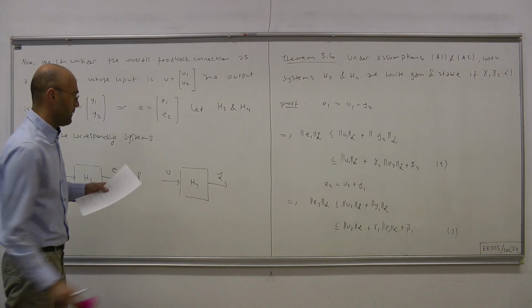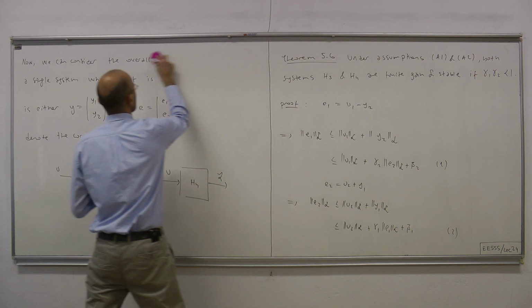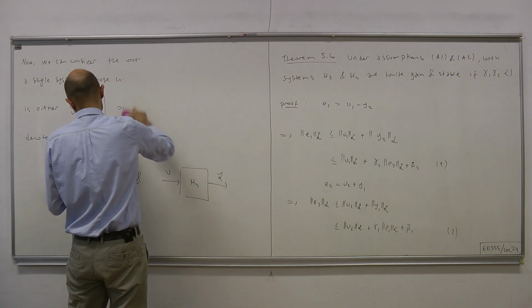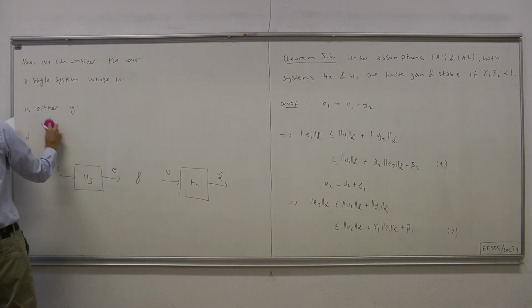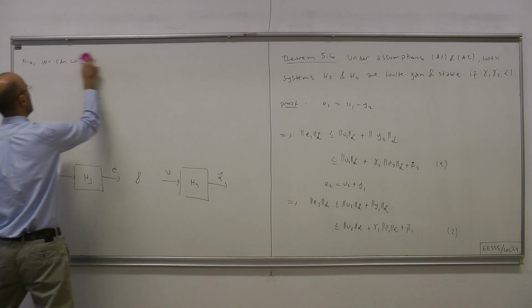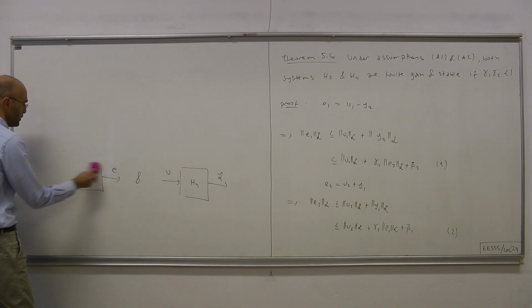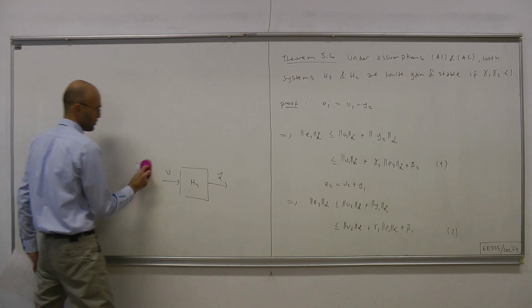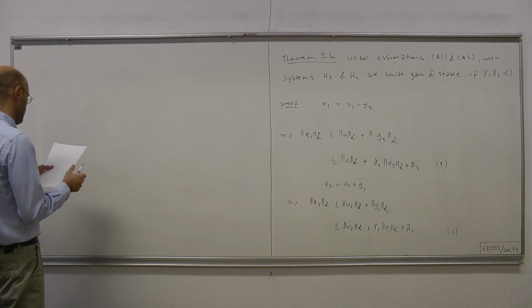Okay, now let's combine those two inequalities to obtain an upper bound on the norms of signals E1, E2 in terms of the norms of the inputs U1 and U2.